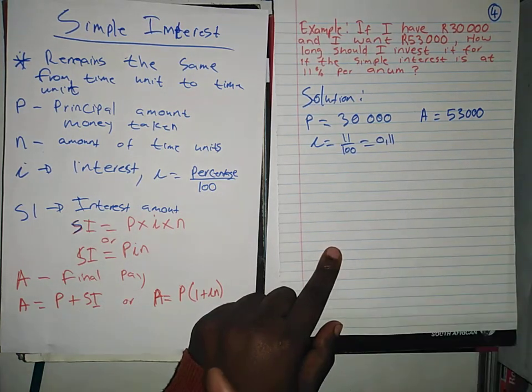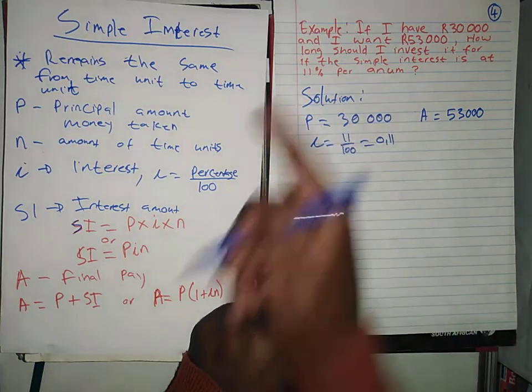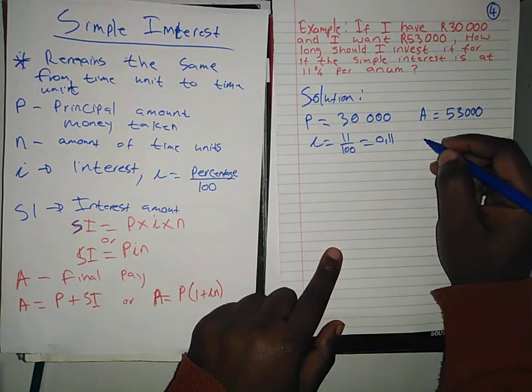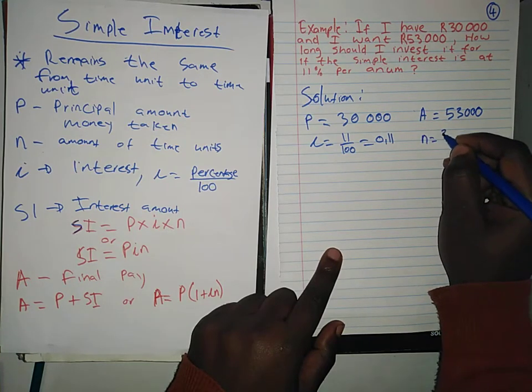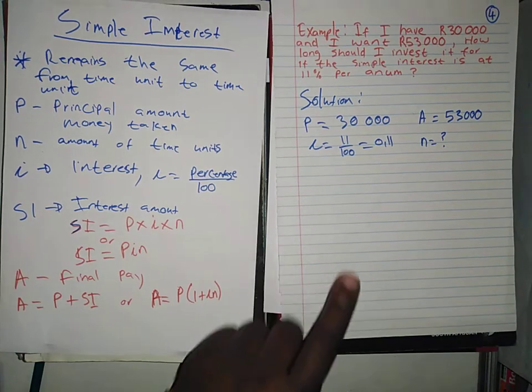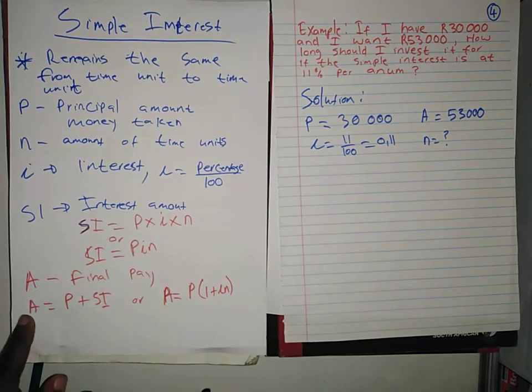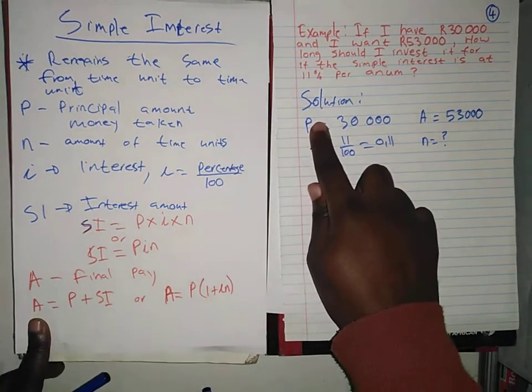And then what are we looking for? How long should you invest it for? So you're looking for n, so n is equal to unknown. You look for the formula that has this. Let's look at these formulas.